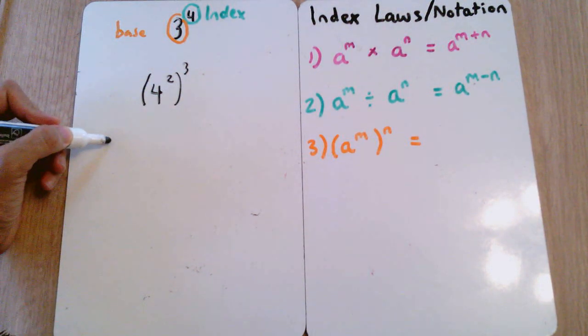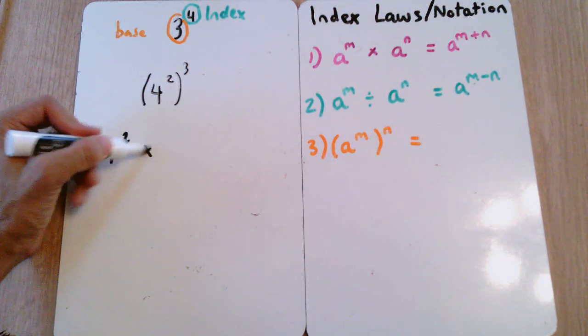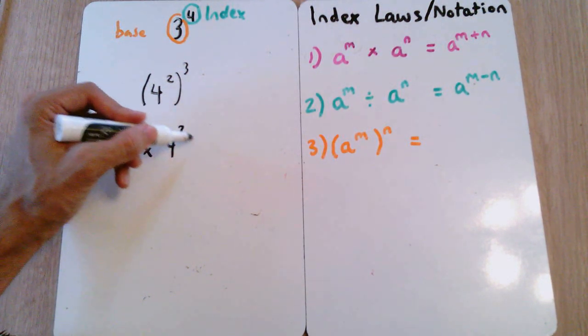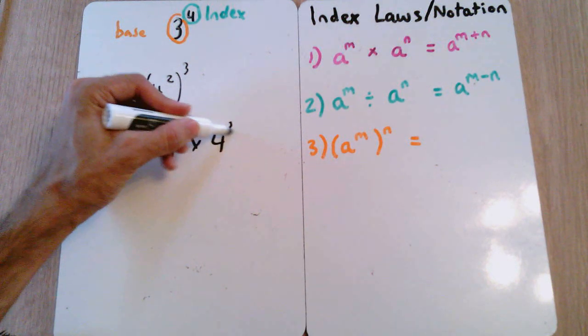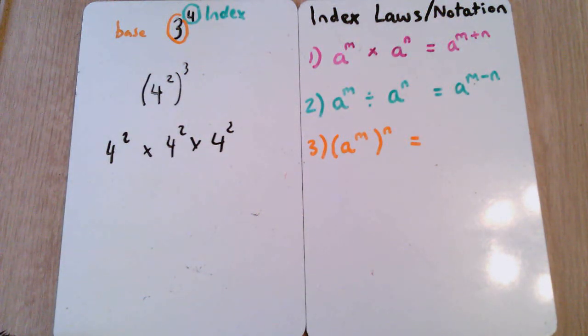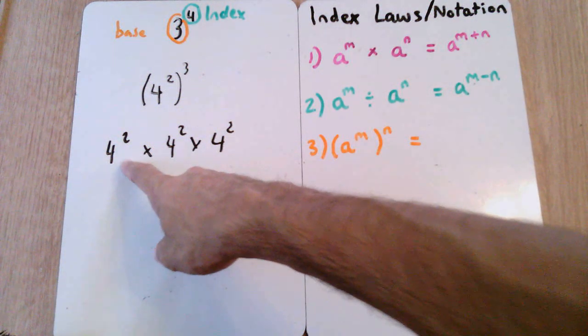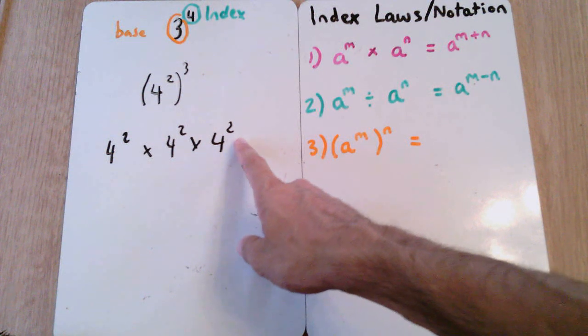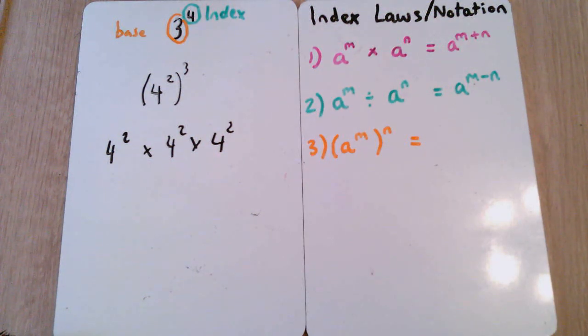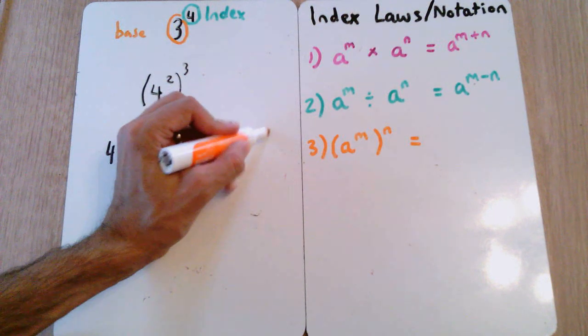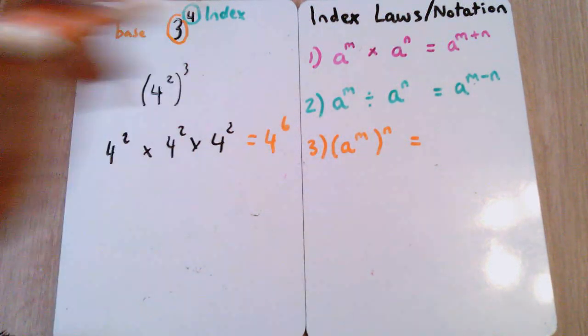So this is the same as multiplying 4 squared times 4 squared times 4 squared. So if I multiply this by itself 3 times, when you're multiplying, you add the indices. So here, this is going to be 2 plus 2 plus 2, which gives us a value of 6.